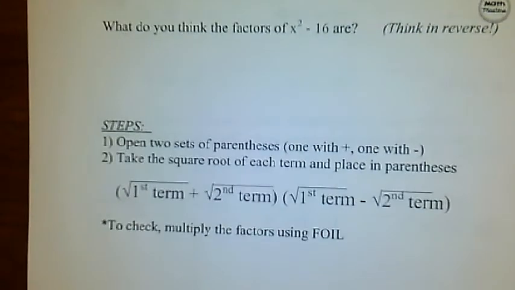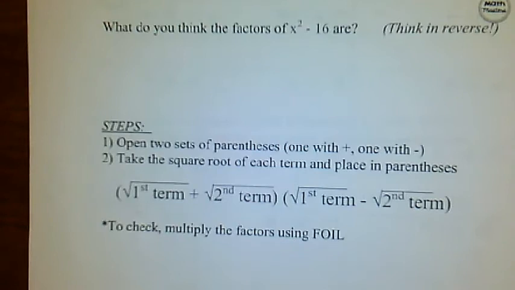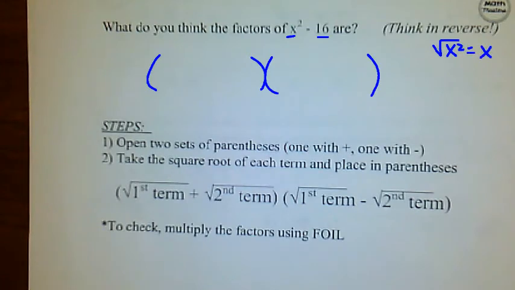All right, so what do you think the factors of x squared minus 16 are? In your head you should be thinking, okay, we have an x squared and a 16. The square root of x squared would be x, and the square root of 16 is 4.